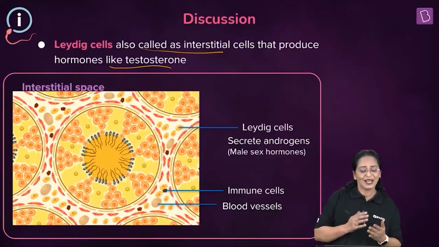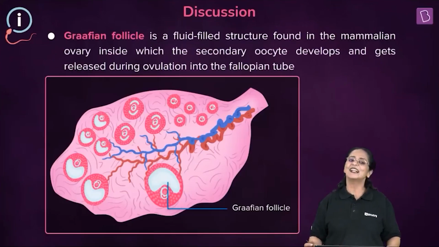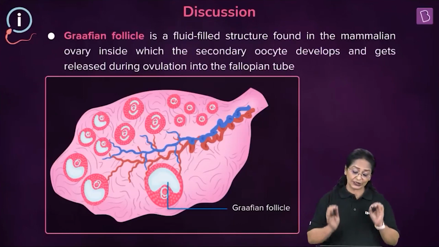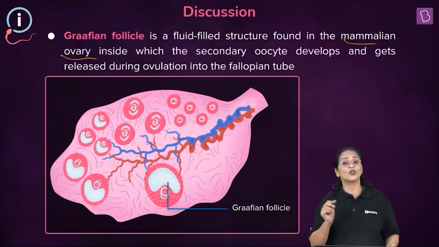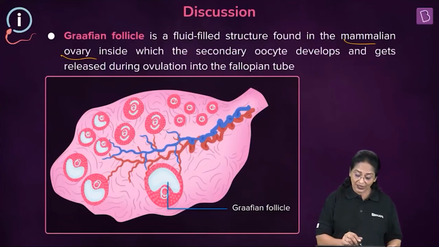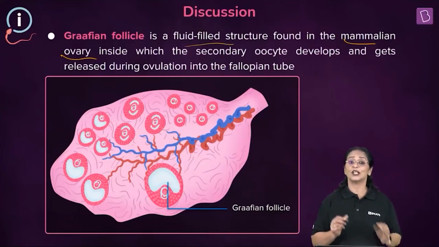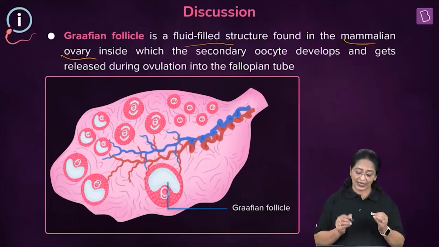What you will not find in the testis is the Graafian follicle. Graafian follicle is a mature follicle that you can find in a mammalian ovary, the primary sex organ in females. Now, this is a fluid-filled structure. What does it have in it? It has the secondary oocyte.